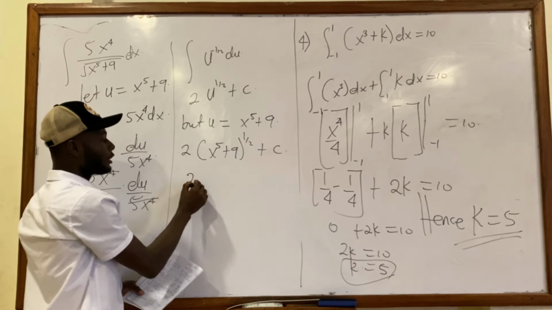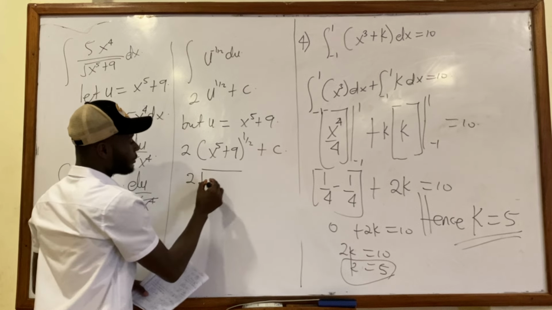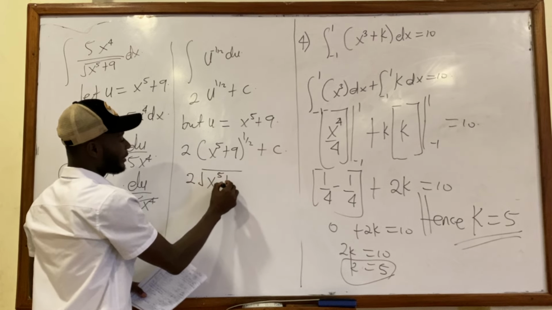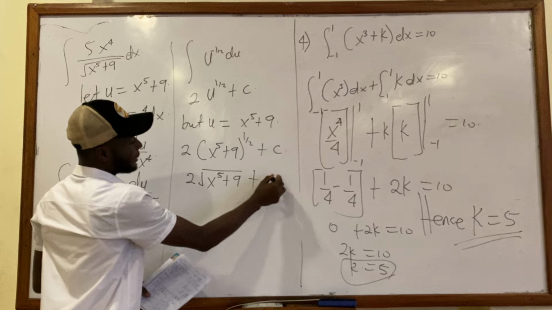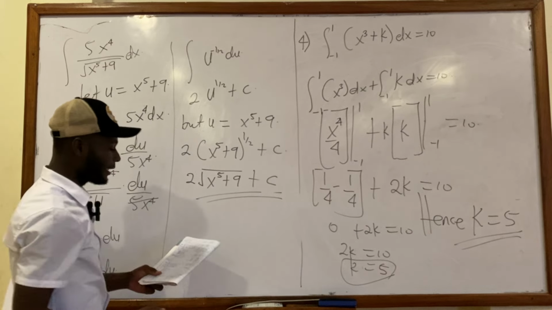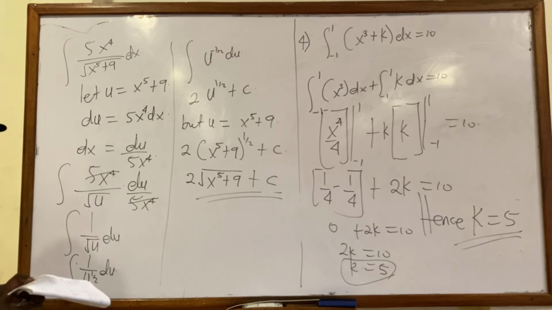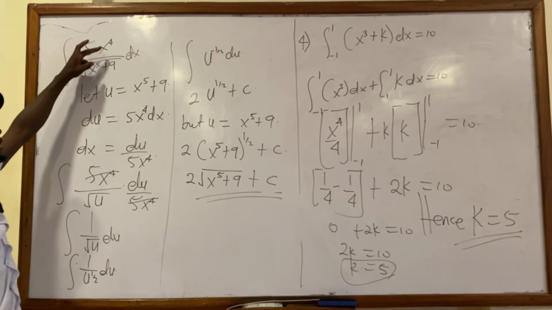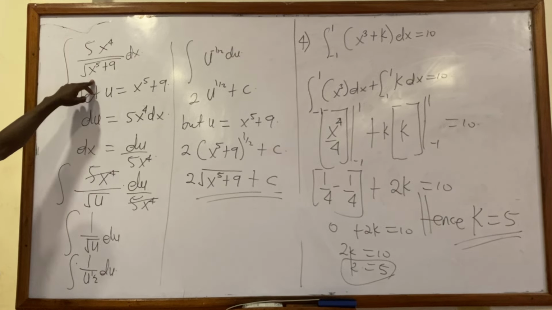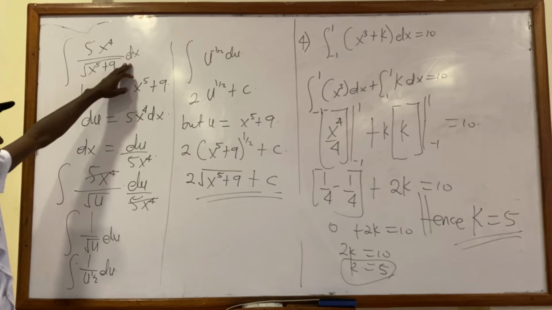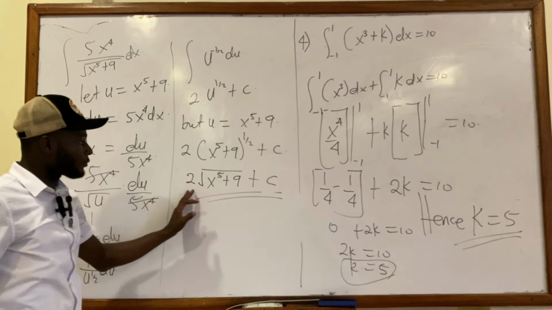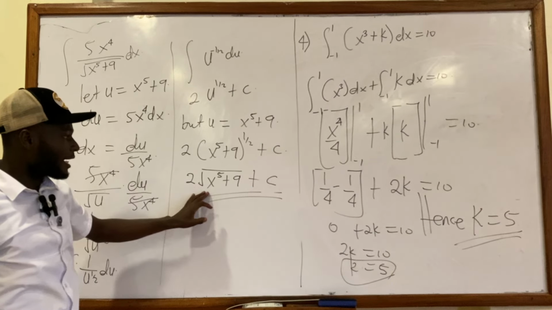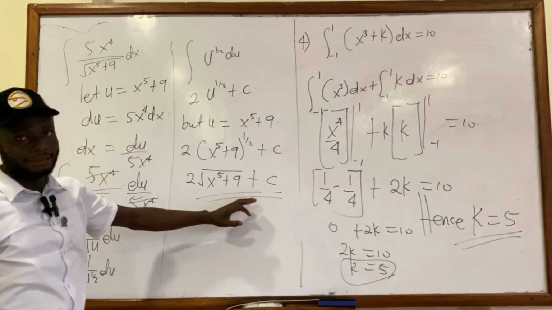So we say 2 square root of x^5 plus 9 plus c becomes our final solution to this particular integrand. So the integral of 5x^4 over root of x^5 plus 9 dx is equal to 2 square root of x^5 plus 9 plus c.